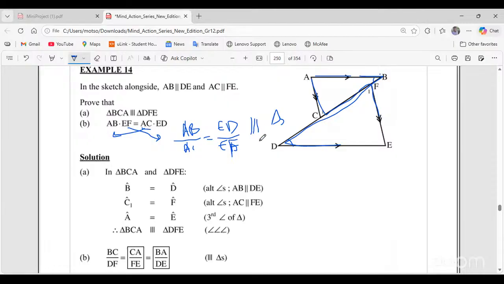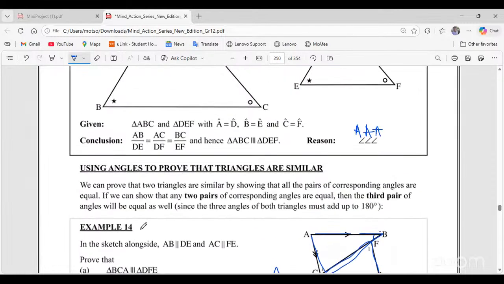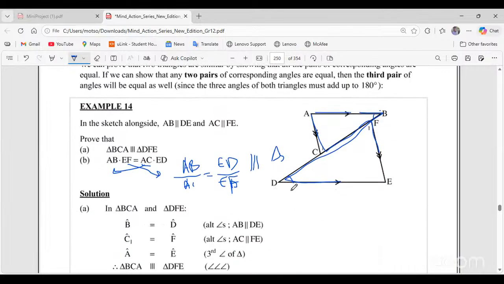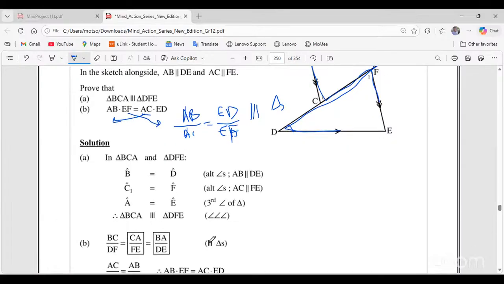Yes, you can do this, or you still can go to what we have learned for corresponding sides. This and this, this and this. You equate them to come up with this one to prove that similarity. Now, if you are having this, you will just have to prove that now.